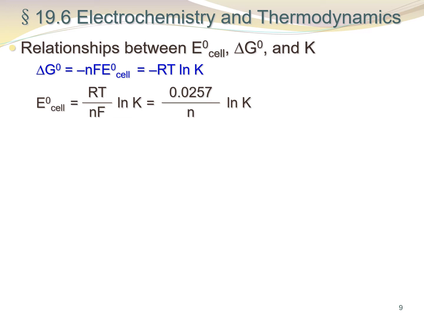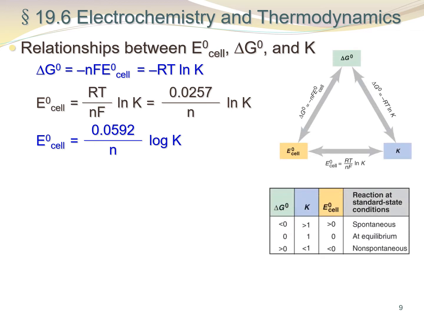We put all three together, so this is the value we get: 0.0257 over n times log of K. Most of the time, we prefer to use a common log instead. Therefore, the 0.0257 becomes 0.0592. And if you're interested, you can find out just what math is behind this calculation.